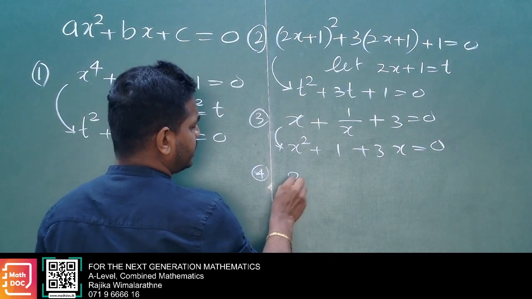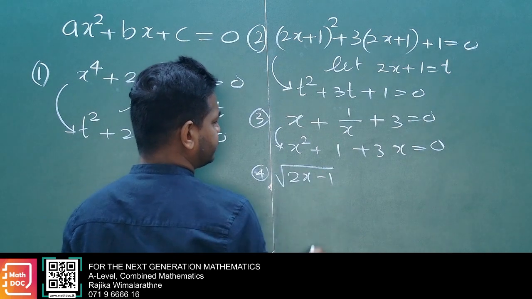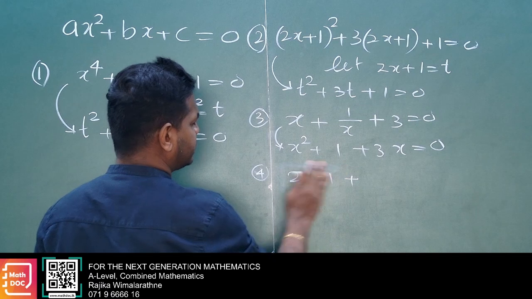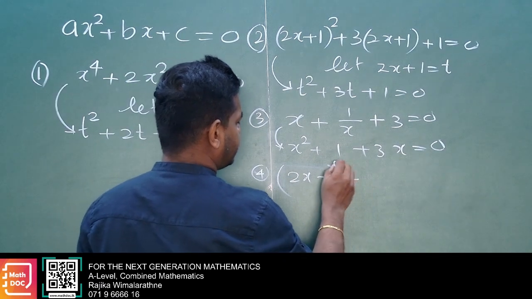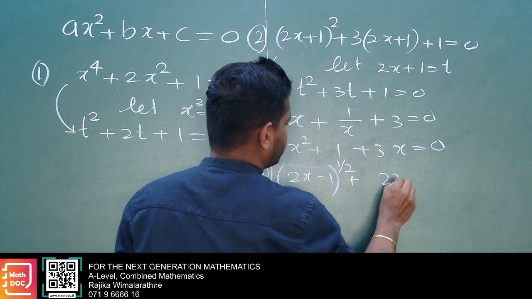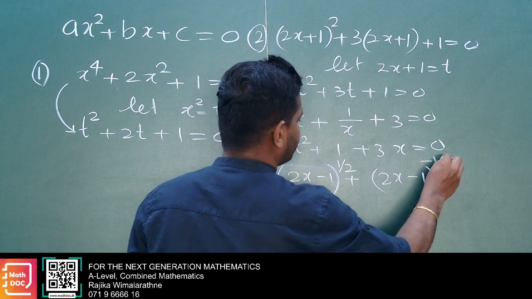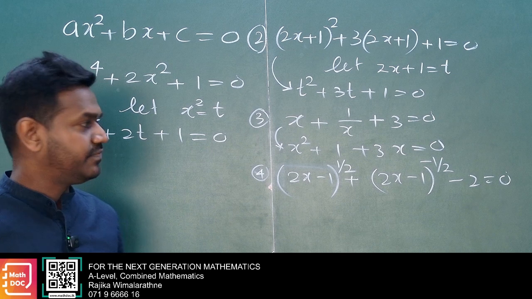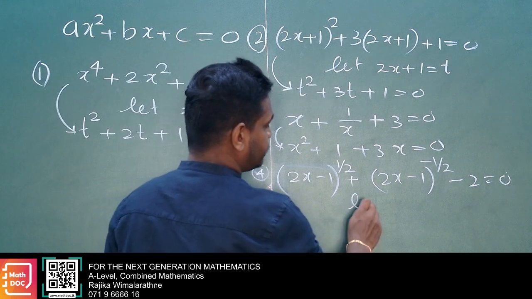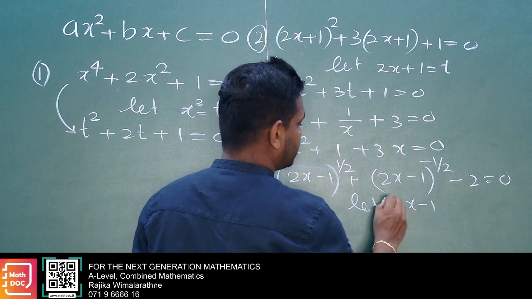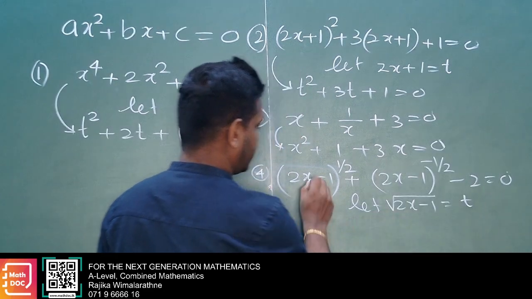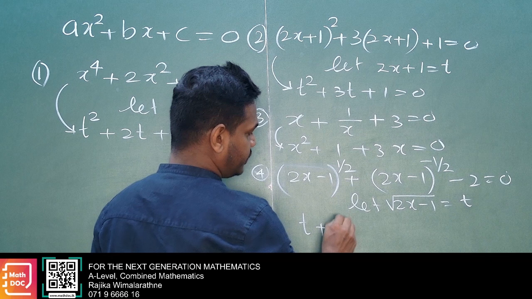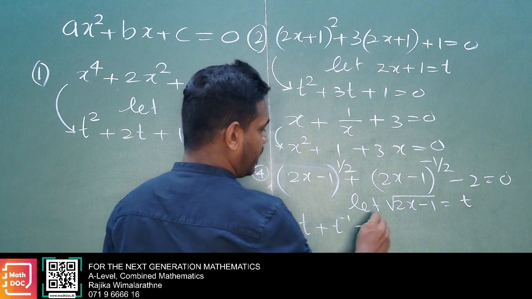You consider (2x minus 1) to the power half, minus (2x minus 1) to the power minus half, minus 2 equals 0. Then you take the substitution (2x minus 1) to the power half as t, then here t, here 1 over t, otherwise you can say t to the power minus 1, minus 2.